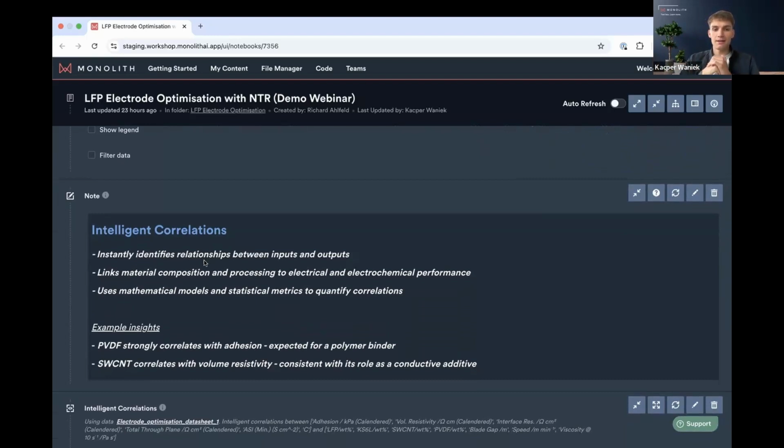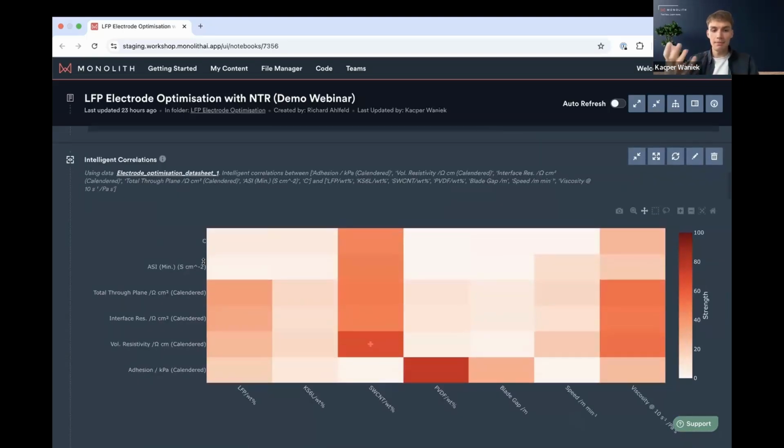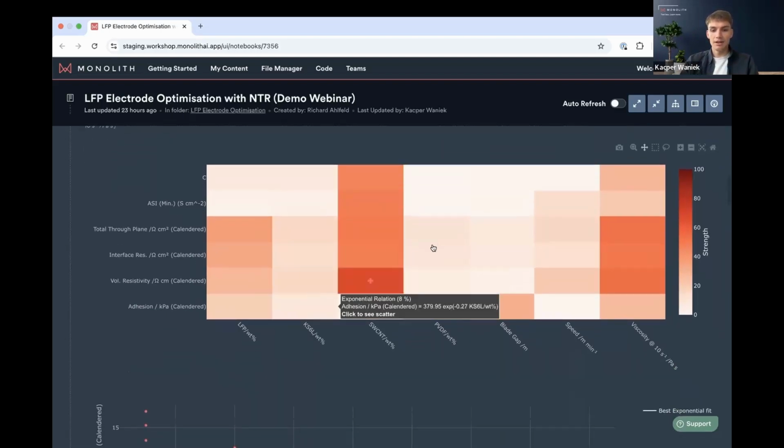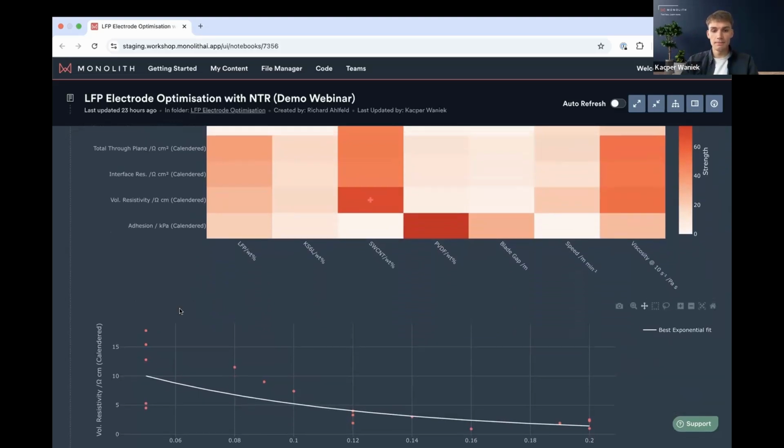It works by fitting mathematical functions to the data and extracting statistical metrics to quantify the strength of those correlations. If I scroll down here, we'll see a heat map of some of the material inputs and the processing inputs I've selected against some key output metrics. If I click on a certain cell, it will show up the data points here and the function that has been fitted to that relationship specifically.